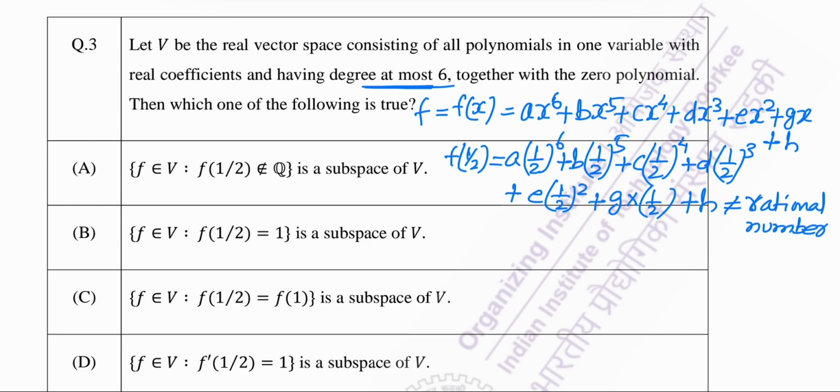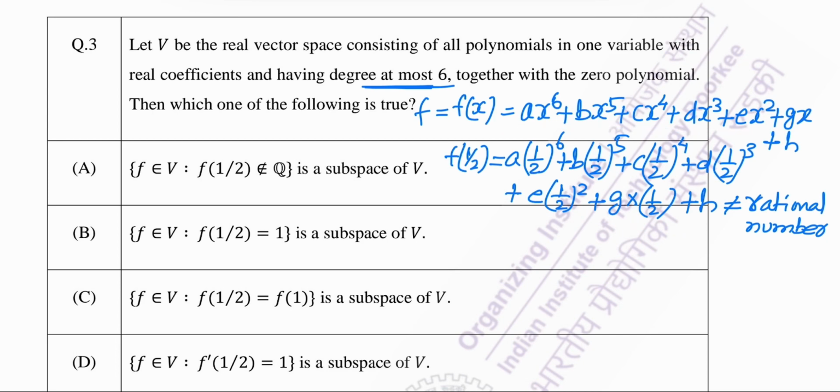but here it is given that V has the 0 polynomial, so any subspace of V should contain the 0 polynomial, and this will be 0. You see, I show you again.